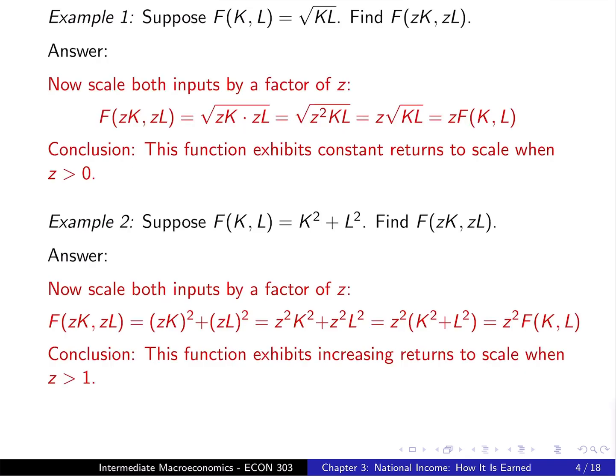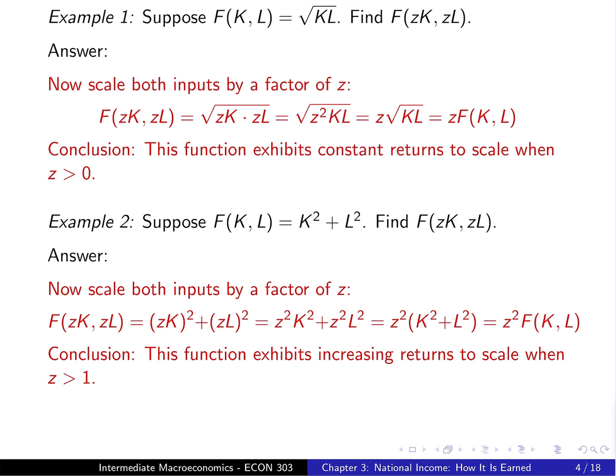Let's work through a couple of examples to determine the types of returns to scale based on different production functions. Example number 1. Suppose the production function is F(K, L) equals the square root of KL. Now scale both inputs by a factor of Z. F(ZK, ZL) equals the square root of ZK times ZL.